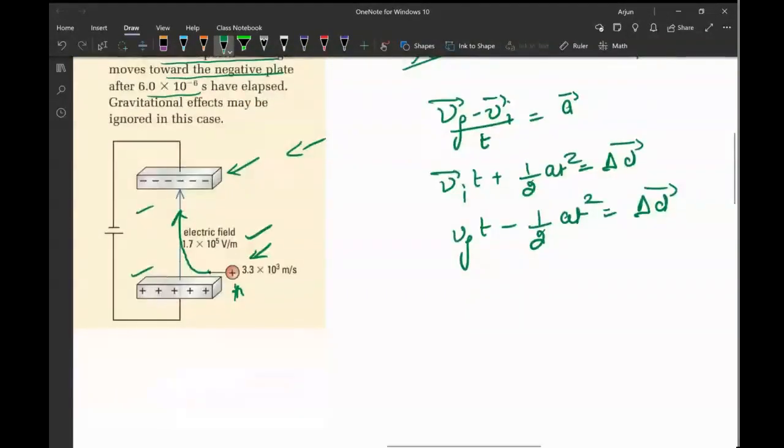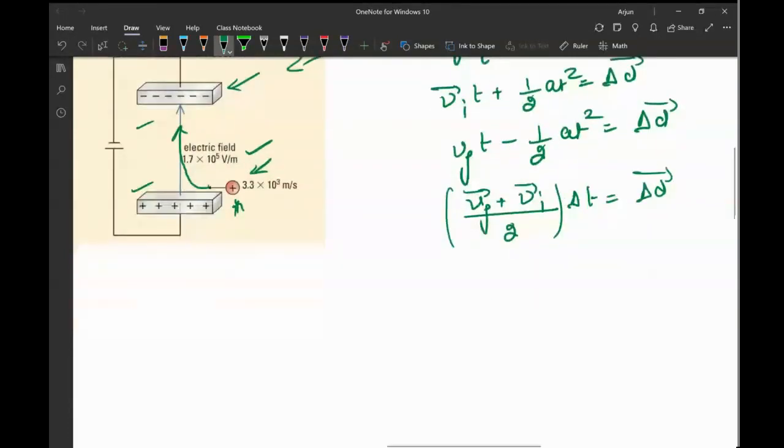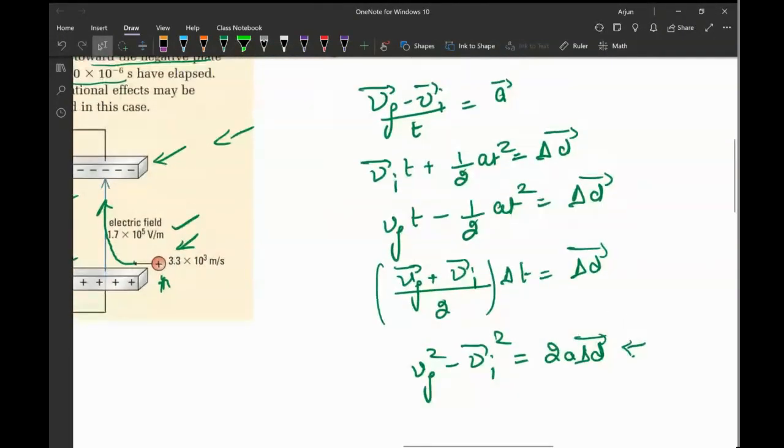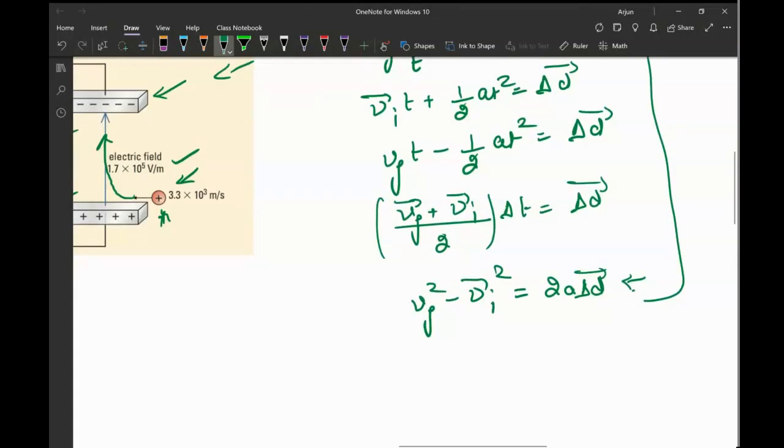Another equation is v final plus v initial divided by 2, times delta t, is equal to delta d. And the final equation is v final squared minus v initial squared equals 2 a delta d. Again, if you want to learn the details of these, you can watch my video on the kinematics.